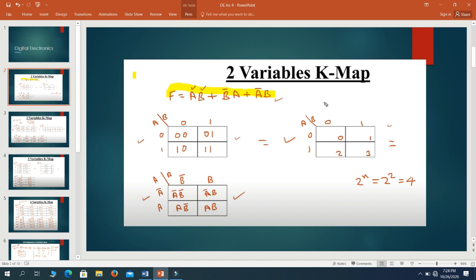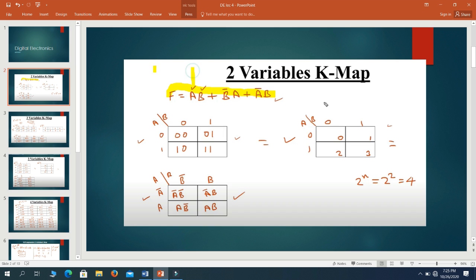We have seen this kind of function in our previous lectures as well. This function is a Boolean function, and let's read it together. F is the notation of a function. F is given as AB plus B prime A plus A prime B. This is what we are given, and we are asked to simplify or minimize this function.